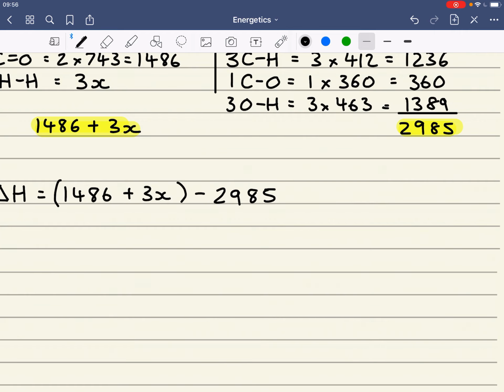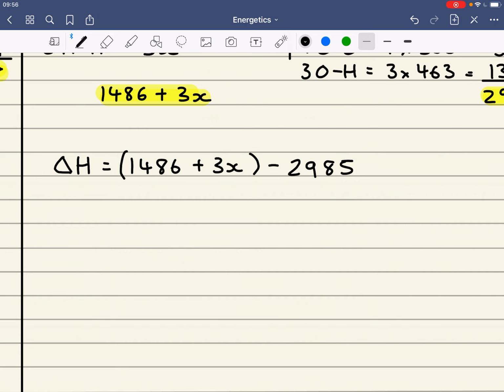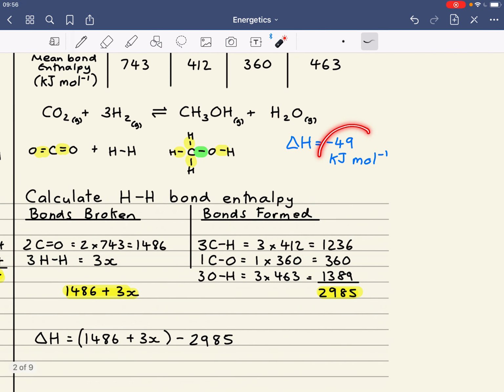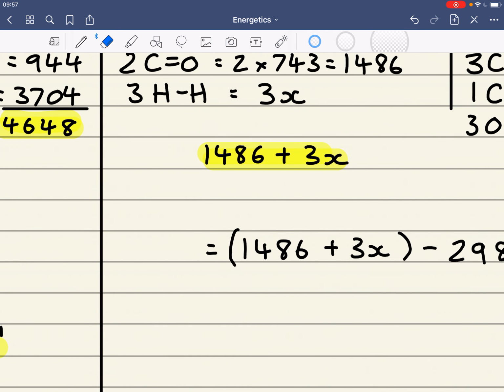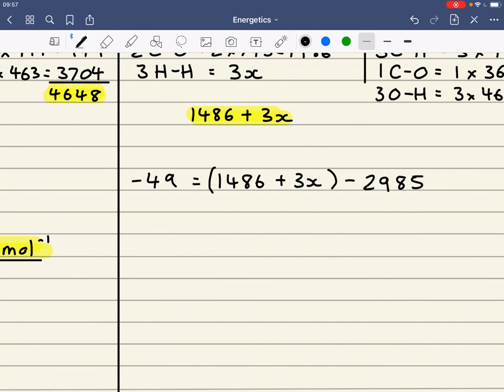And it's now simply a case of rearranging that for x. We all obviously know that delta H, it gives you in the question here, is minus 49. So I can actually put in here minus 49. So minus 49 equals 1486 plus 3x minus 2985.